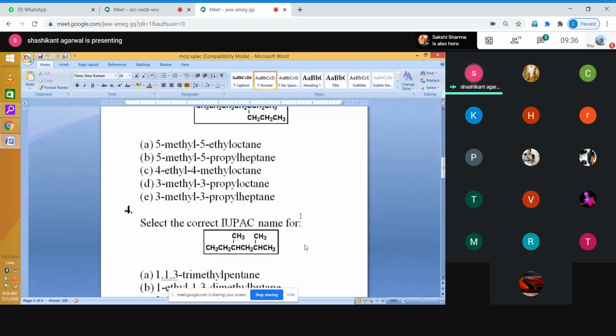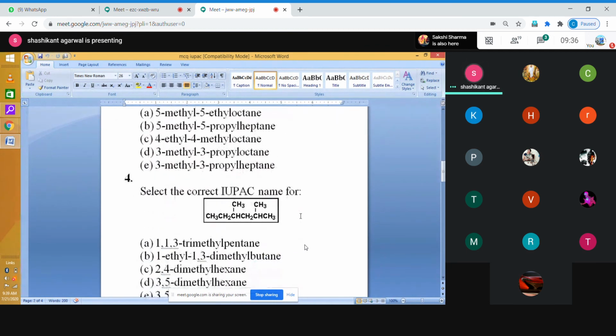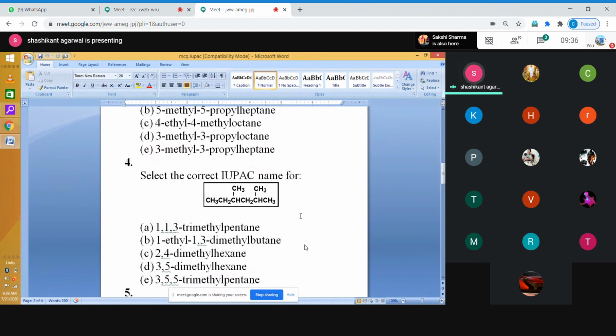Quickly draw this one now. The correct IUPAC name for this particular structure. I would again request, instead of looking from the screen, just draw the structure in your notebook and then please respond to me. This is in accordance with the number rule that we have just studied.